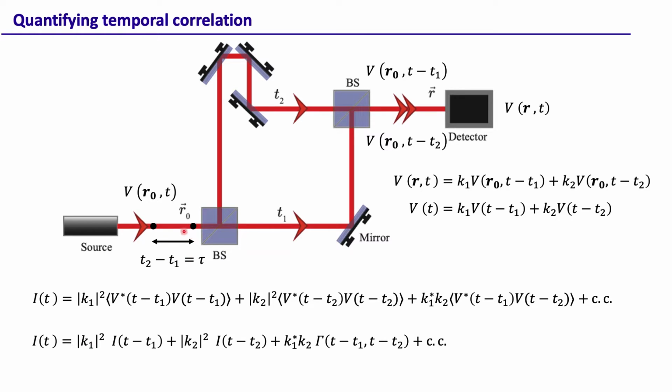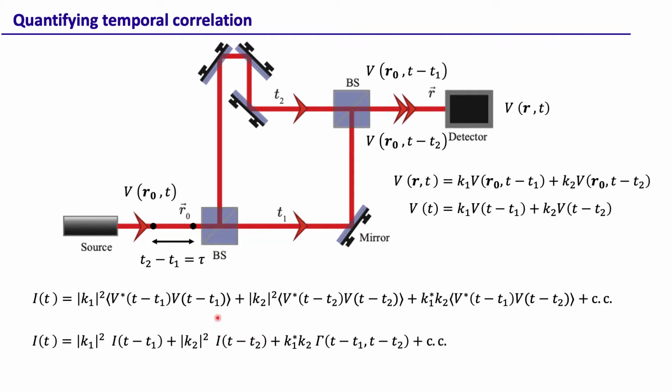This k1 is a factor by which the field gets attenuated because of the reflection, and sorry, the splitting here and the splitting here. Similarly, the second term is the intensity coming from the point t minus t2, and then this is the cross term and its complex conjugate.